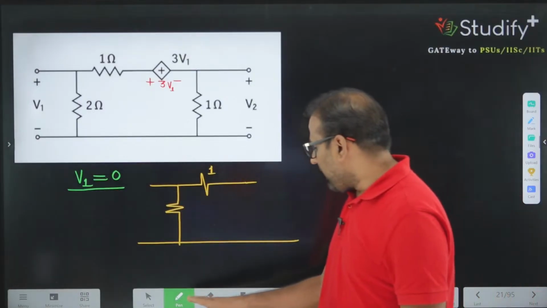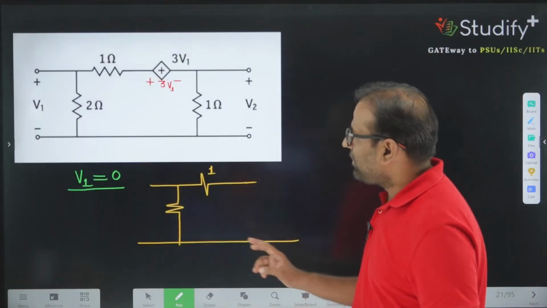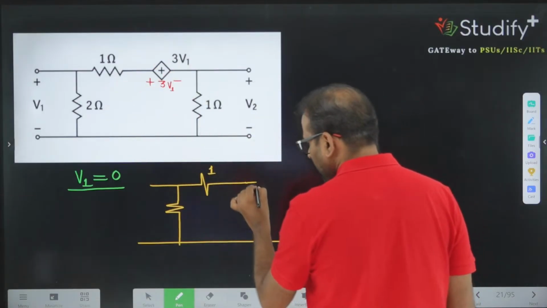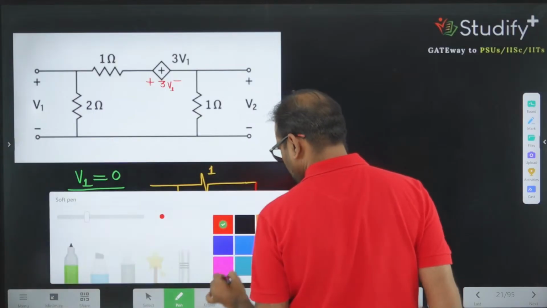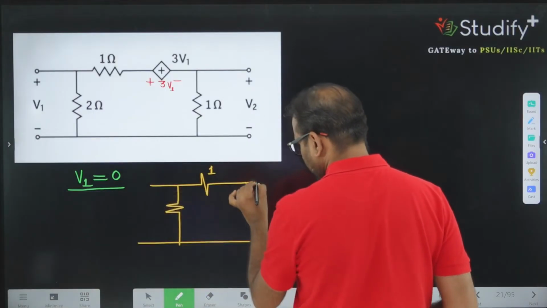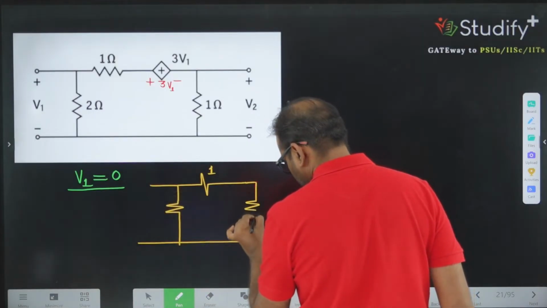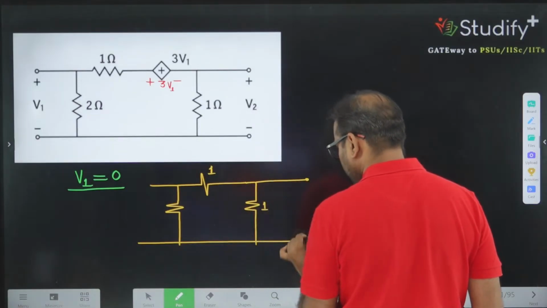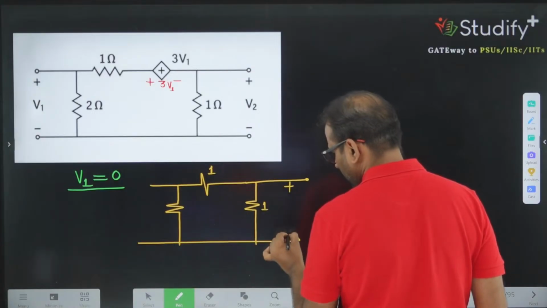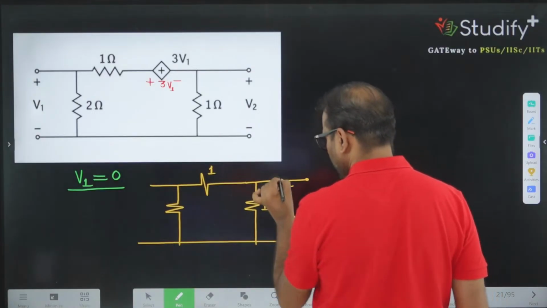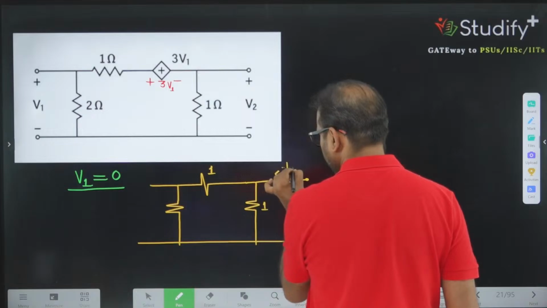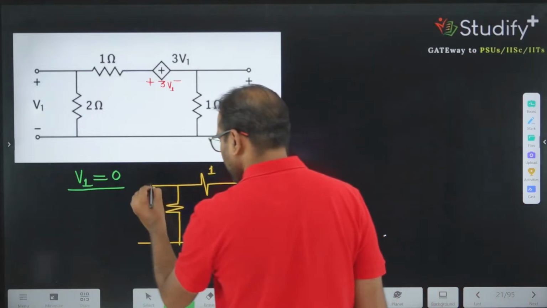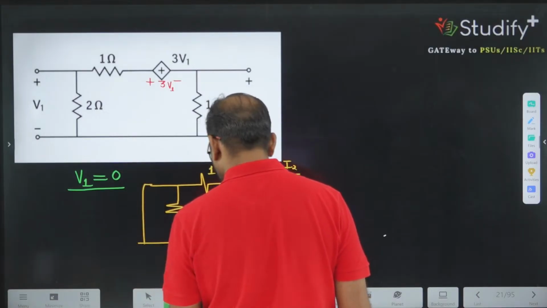So if I am making V1 equal to 0, 3V1 is also equivalent to 0, and here we are having 1 ohm resistance. This value is V2, this value is I2, and we are making V2 equal to V1 equal to 0.